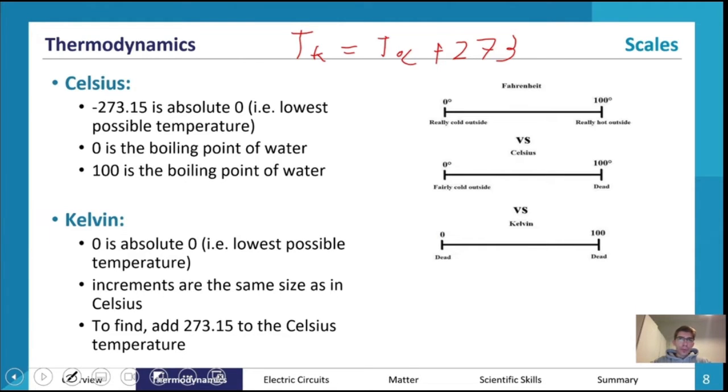Let's say a question states, what is the boiling point of water in Kelvin? Well, the boiling point of water in degrees Celsius is 100 degrees Celsius.